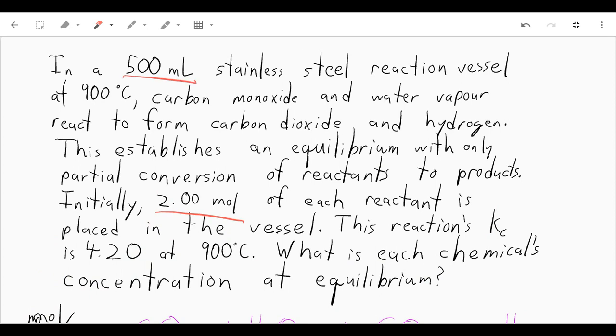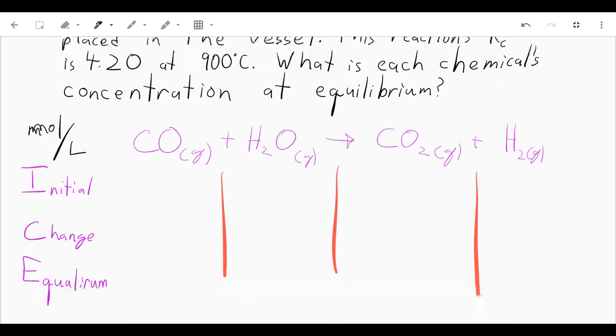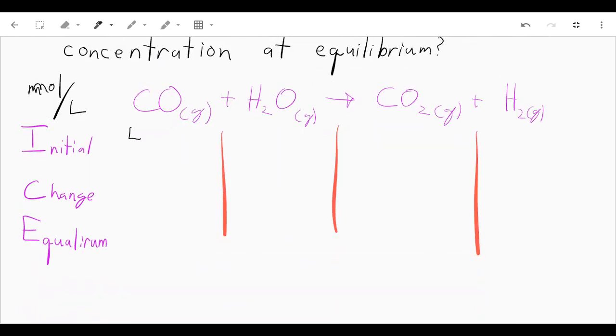However, it's in a 500 milliliter stainless steel vessel. So it's 500 milliliters, half a liter. So we need to remember to double up our initial concentrations to 4 moles per liter. I'm going to write moles per liter on this first one, but I'm actually going to just write the number for the rest of them because it gets very cluttered if we don't.